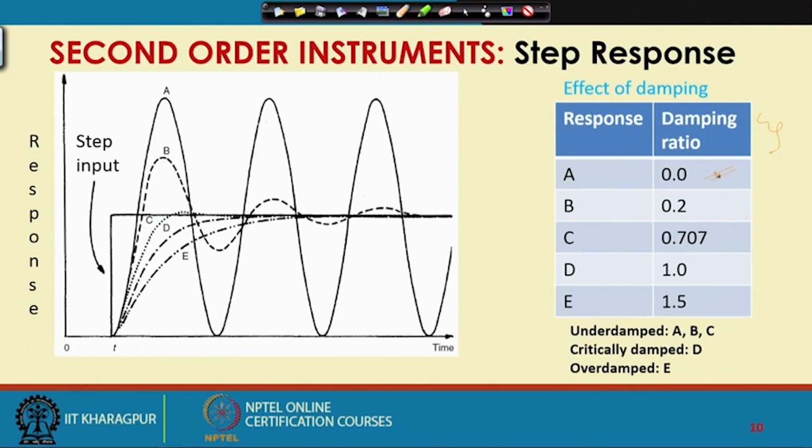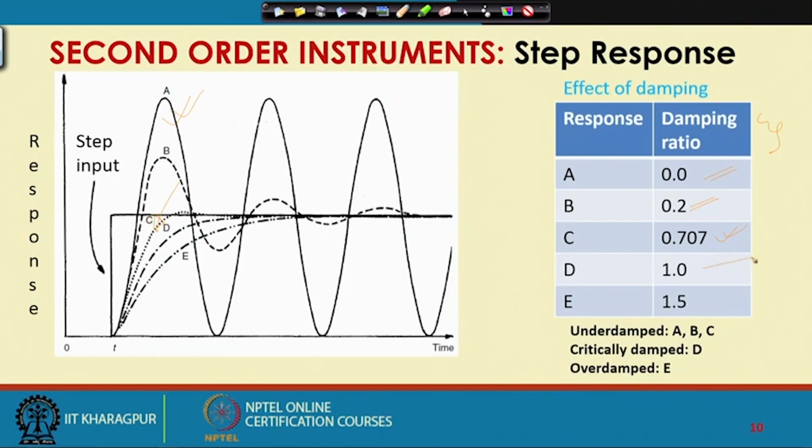If there is no damping, so zeta equal to 0, you will have sustained oscillations like sine wave. When you have some non-zero positive damping ratios, you will have oscillations, but of course reduced. See, you have 0.707, you see the oscillations have reduced now to a great extent.